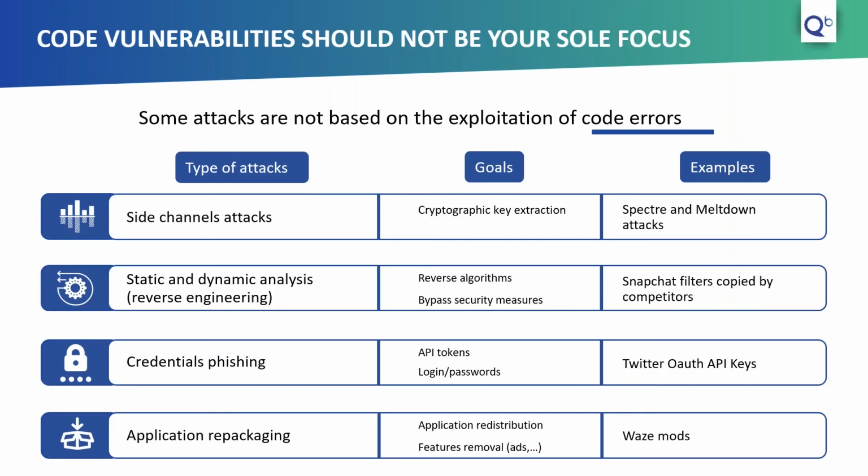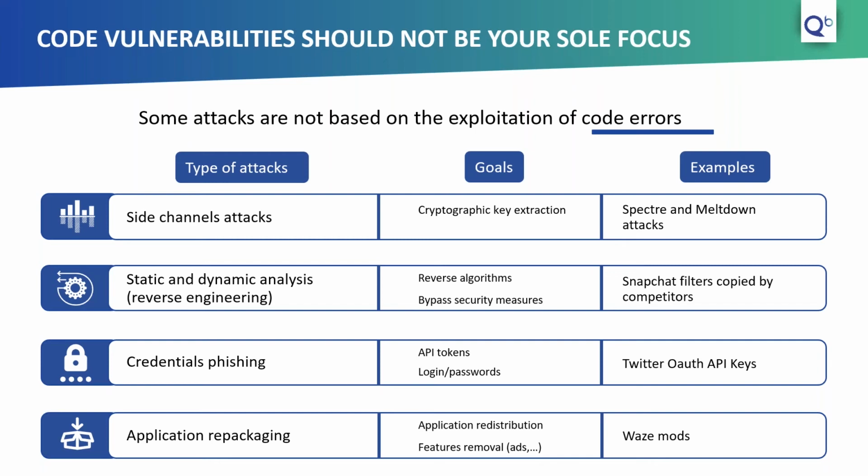So here are some examples of attacks that don't target vulnerabilities in the code. We have listed some types of attacks, their goals, and some examples you must have heard of. For example, side-channel attacks, whose goals, but not only, is to extract cryptographic keys from applications on devices.